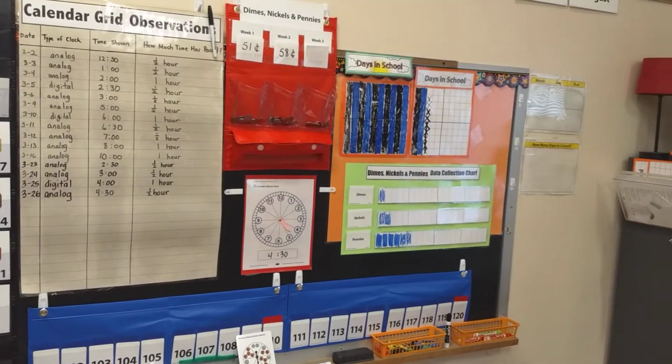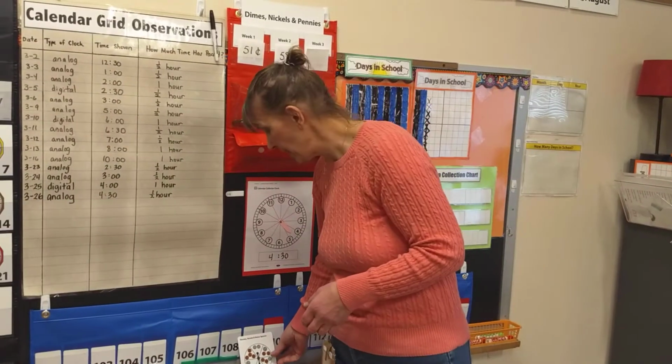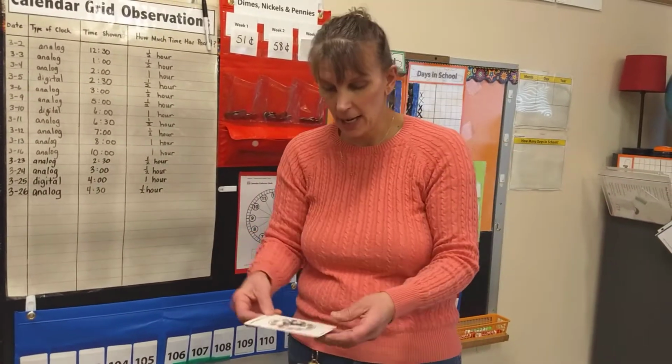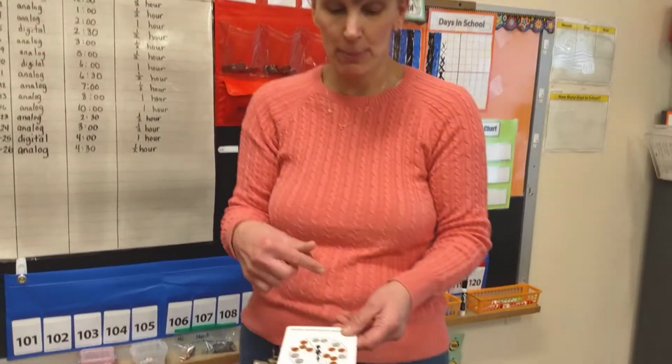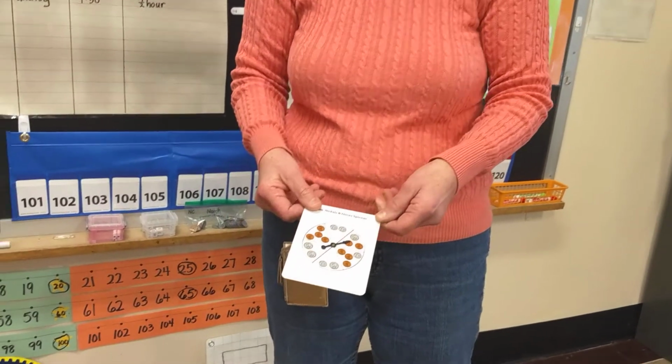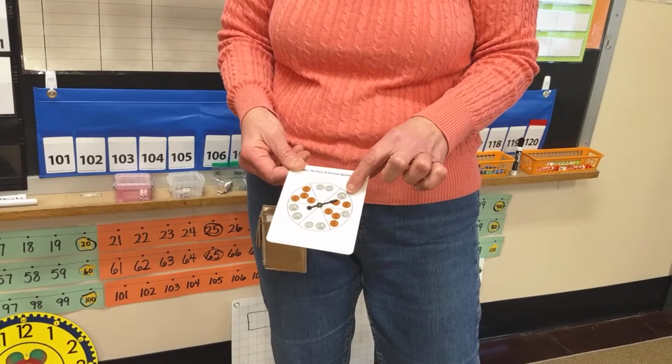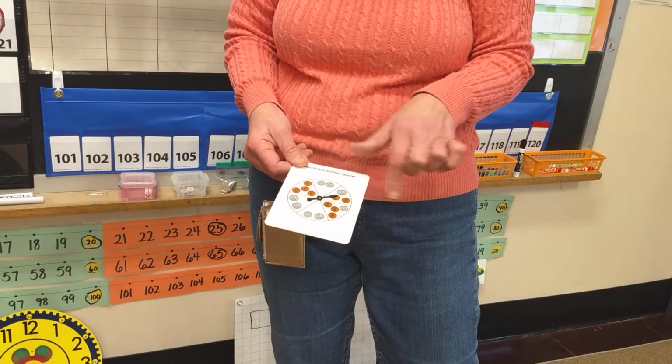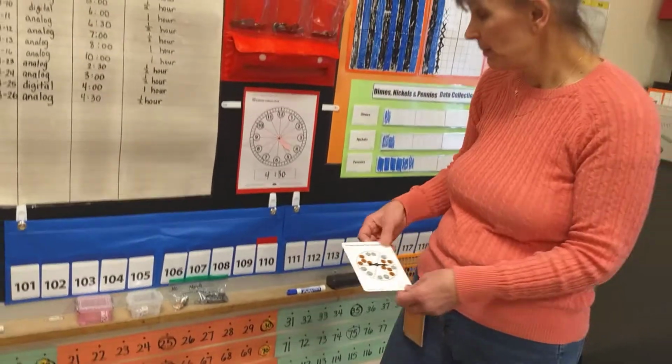All right, boys and girls, back to our money, our pennies, nickels, and dimes. Let's see if I can spend more than we had yesterday. Oh, what do you know? I got 1 nickel, which is 5 cents, and 2 pennies, and a penny is a cent.